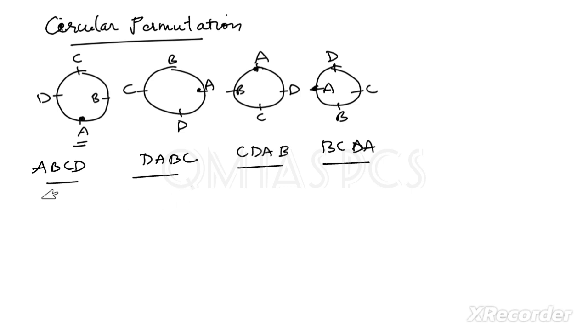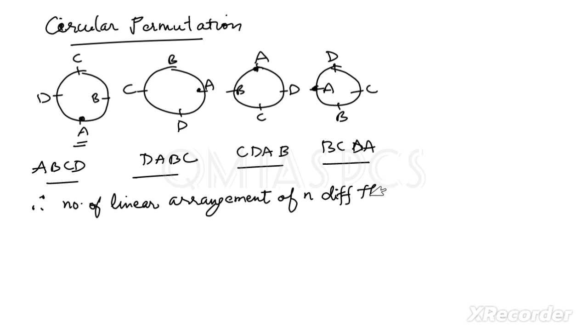Therefore, we can say the number of linear arrangements of n different things will be n multiplied by the number of circular arrangements of n different things.